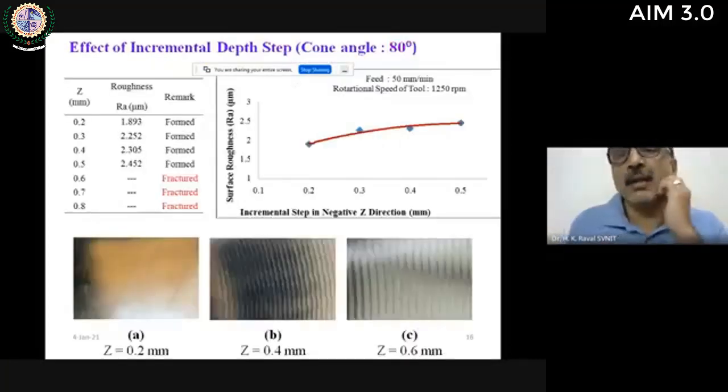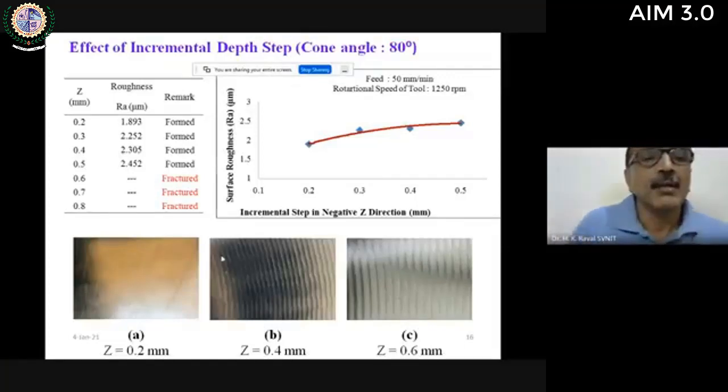Let me again put forward the different outcomes when Z is varied. You can see here Z is varying from 0.2 to 0.8, and for that the roughness is measured. As Z increases, the tool marks or serrations observed on the top of the sheet can be seen very clearly. Here, at Z 0.2, there is almost a smooth surface.